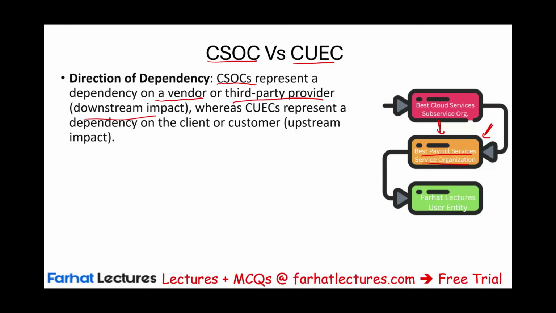It's downstream. They're relying on them. Whereas the complementary user entity controls represent a dependency on the client or customer. So the client is Farhat Lectures and you're relying on the client. So CSOCs and CUECs, and in the middle, we have the service organization.